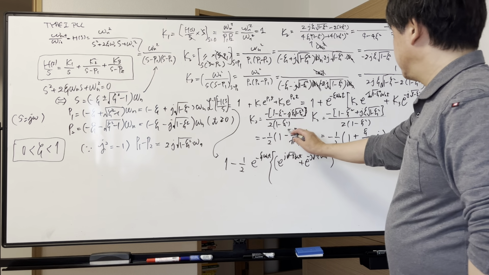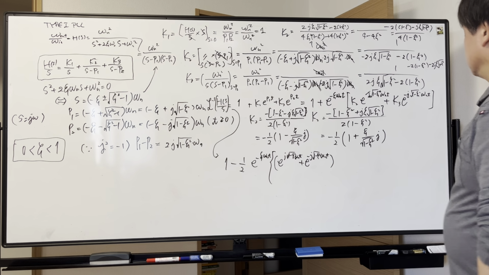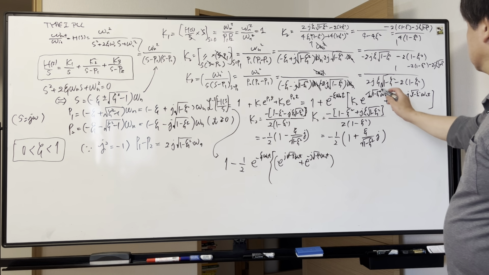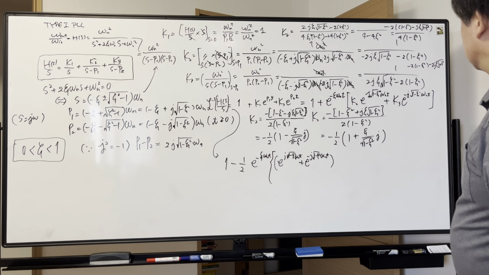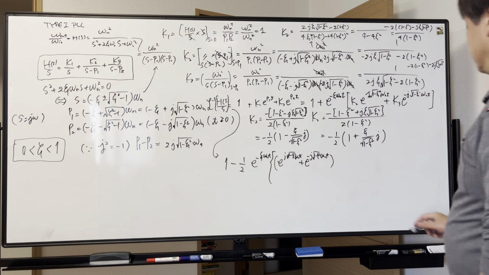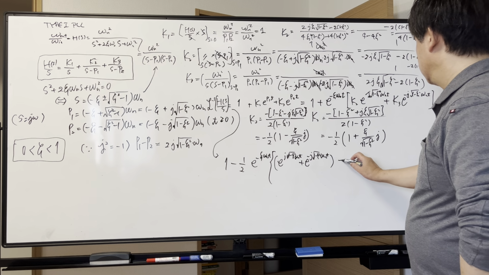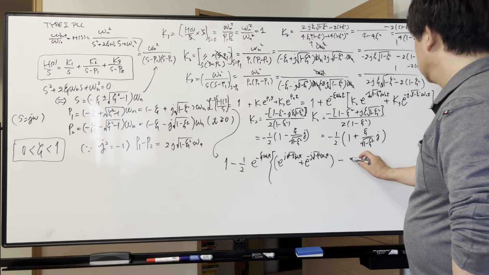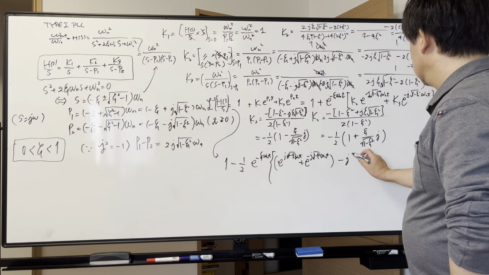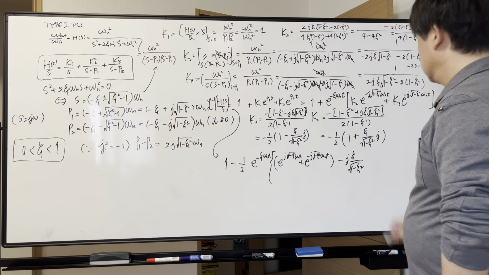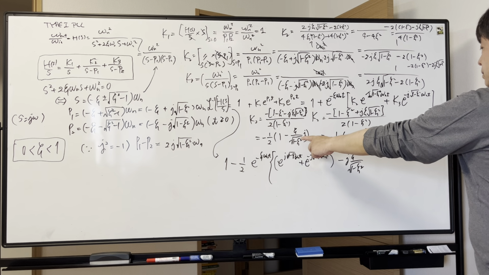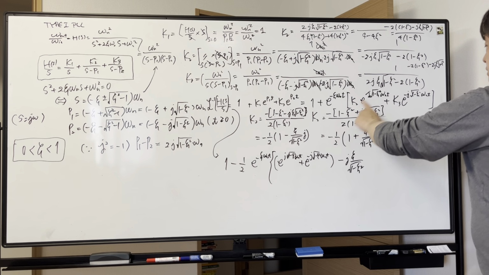This is minus, so for this I need to make this minus j zeta over square root of 1 minus zeta square, minus this times this.